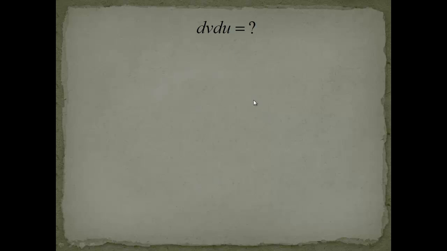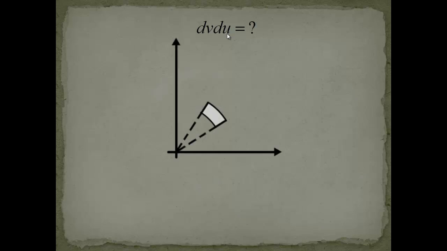And the important stuff is, again, finding this dv du. Actually, this is something like an area in your coordinate system. In order to understand that, I've drawn a little ugly picture here, and you can see this is a radius. Okay, this is another radius of a circle, and imagine this change in angle to be very, very small.